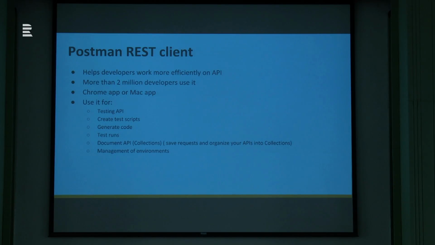You can share it among the team. You can create your own collections and say that each collection has this kind of tests, and for each test you can see if it passes with flying colors or not, and that's it.